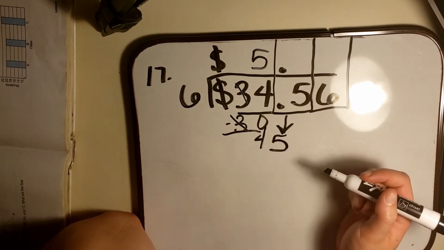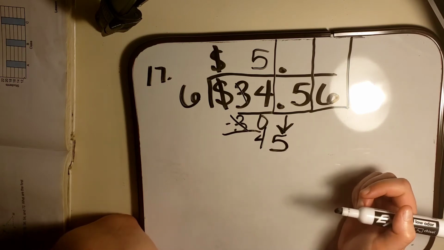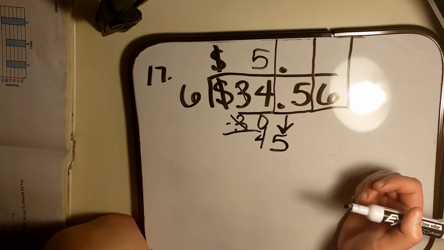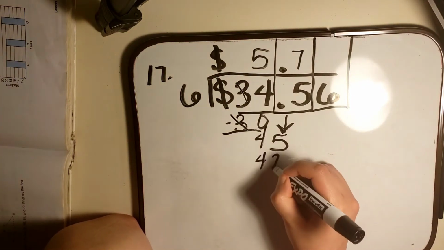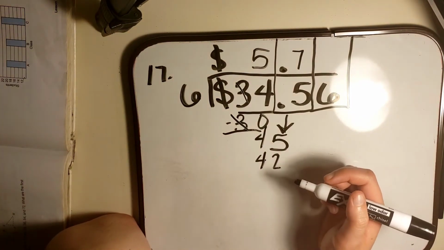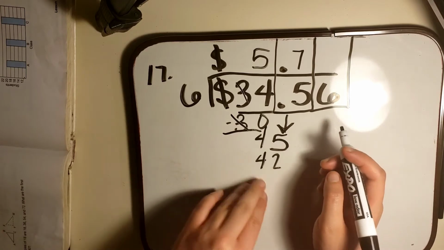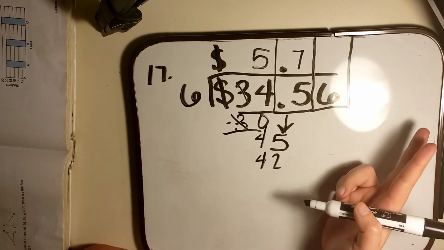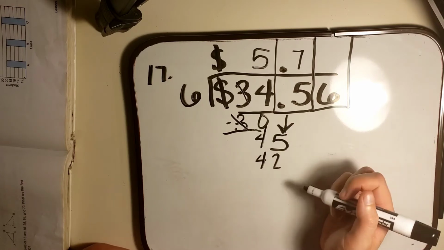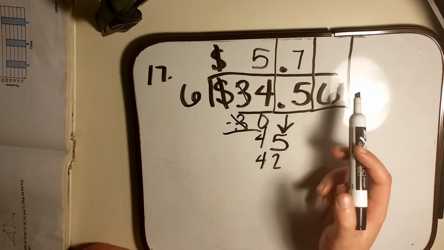So 6 into 45. And 6 times 7 is 42. Again, this is when it helps to know your multiplication table. Maybe you forgot 6 times 7 is 42, but you guys all know your 7 song. But hey, maybe you forgot.